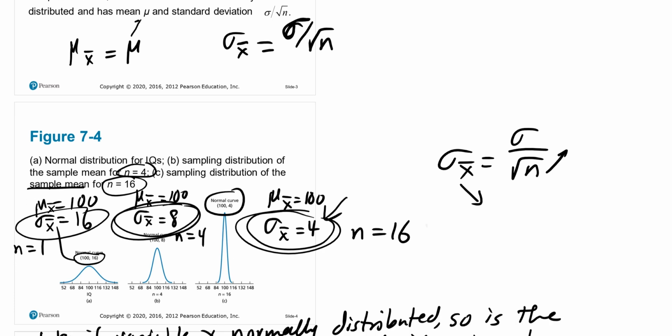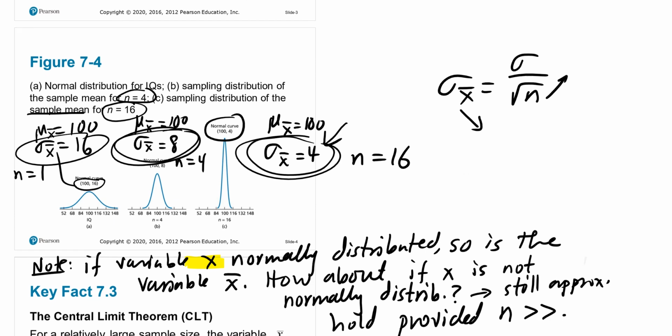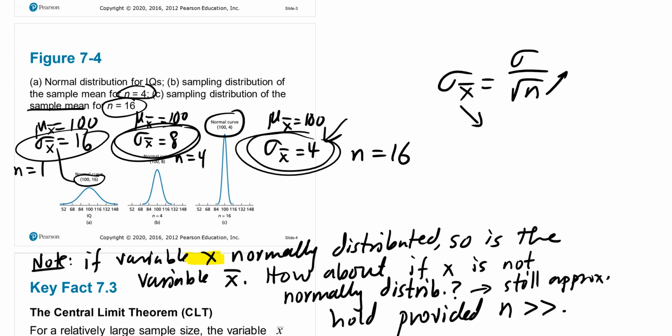Before we get to that, note that if the variable x for the population is normally distributed, then x bar is automatically normally distributed. The question is, what if x itself is not normally distributed? Does it still hold? Yes, provided n is large.